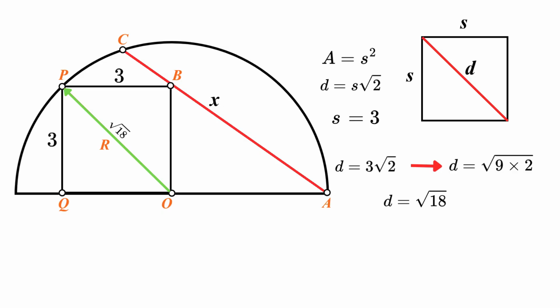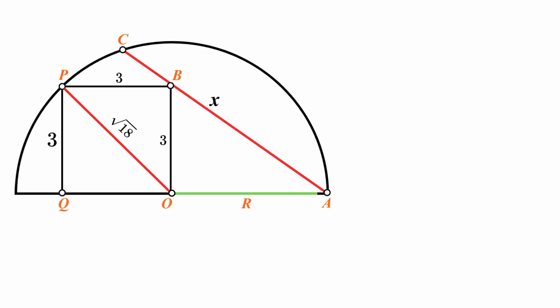Therefore, the line OA is also a radius, and it will have the length of square root of 18 as well. Alright, now let's have a look at triangle OBA. This is a right-angled triangle because leg OB is the vertical side of the square, and the bottom of the square aligns with the diameter of the semicircle.